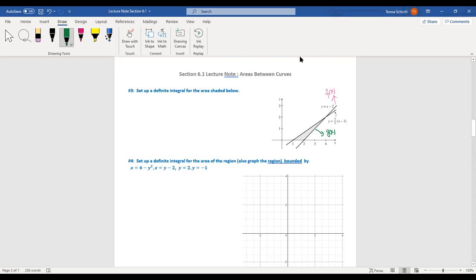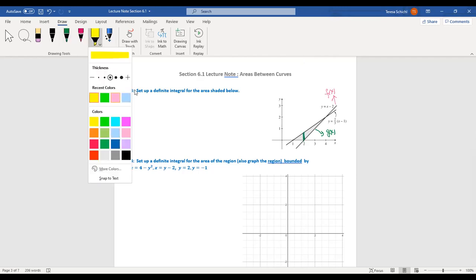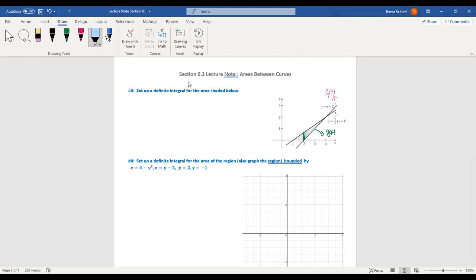If you look here, all the way after 2, everything after 2, this light blue area, yes, you can do that. It's f of x minus g of x, correct?